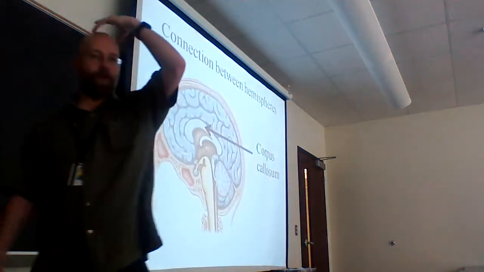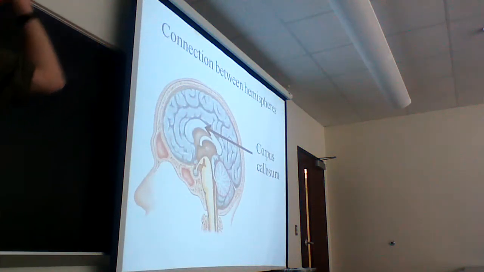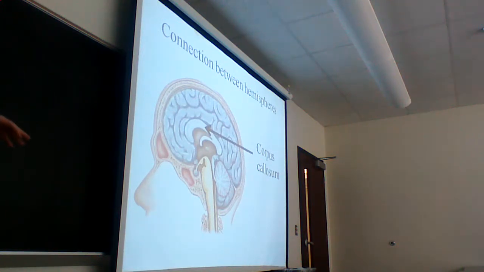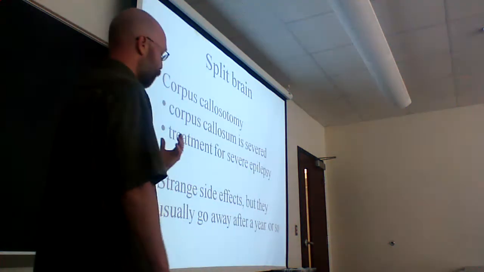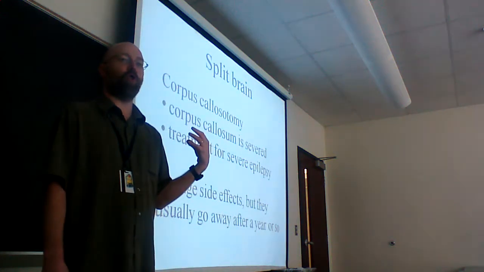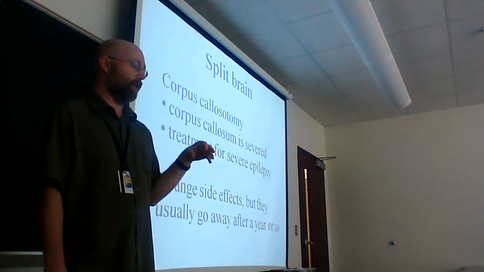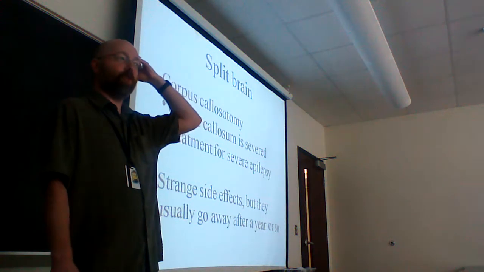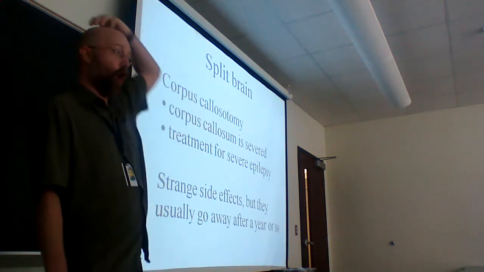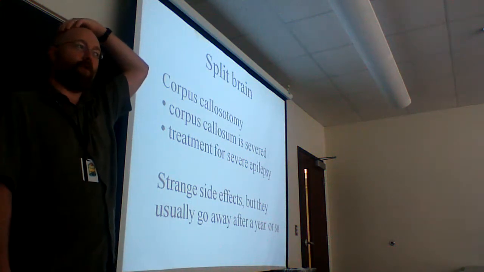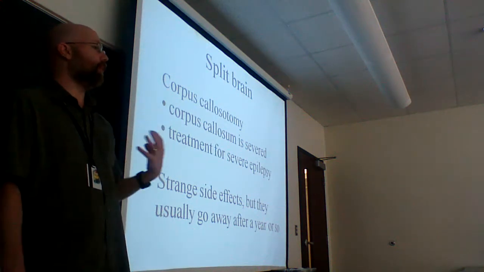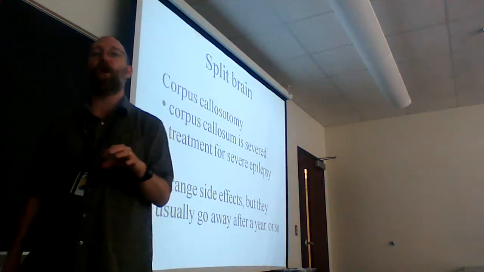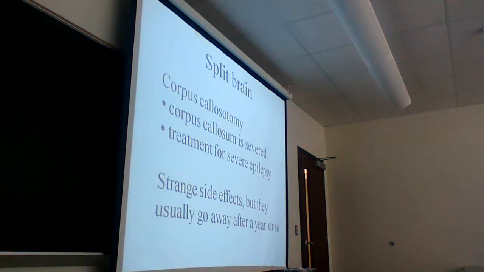Both of the hemispheres will continue to work, but their ability to communicate with each other will be impeded, right? The thought here is that when you have that electrical disturbance in this pathology, that electrical disturbance cannot spread to the other hemisphere. And so the seizure will not completely take over them and incapacitate them and can reduce the severity of the disease, right?